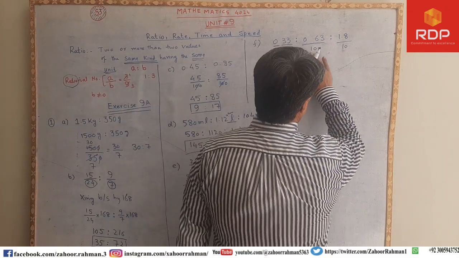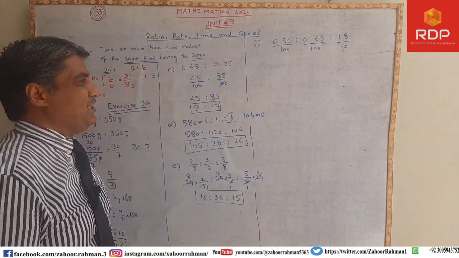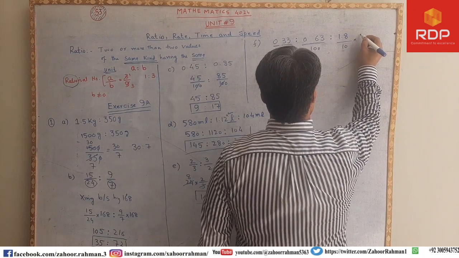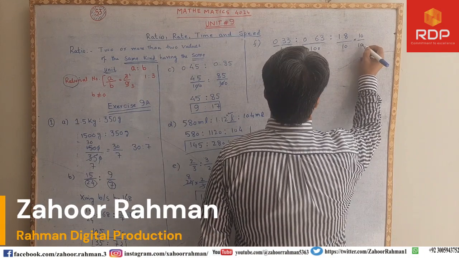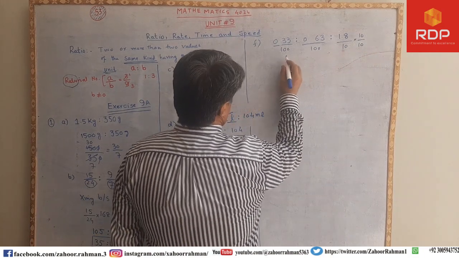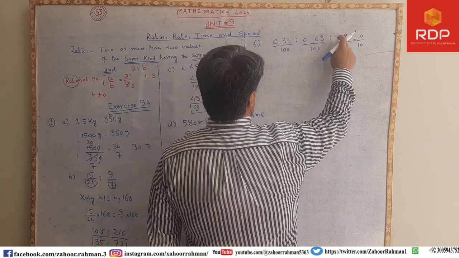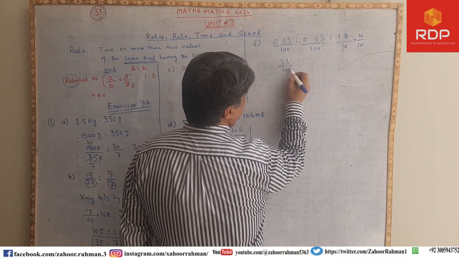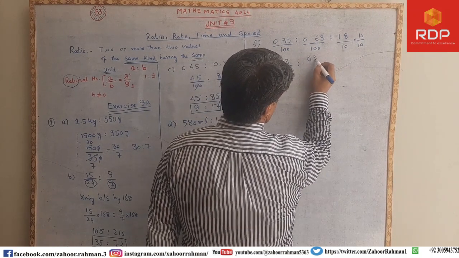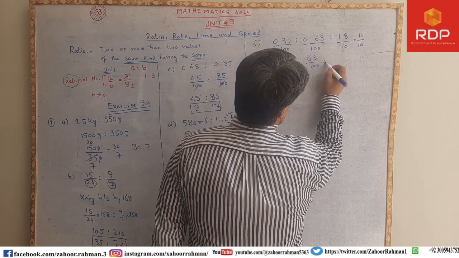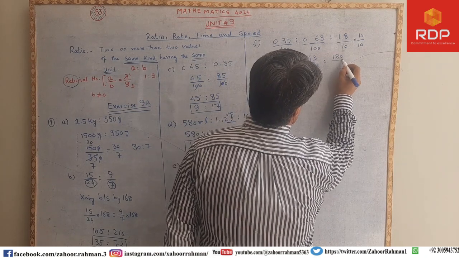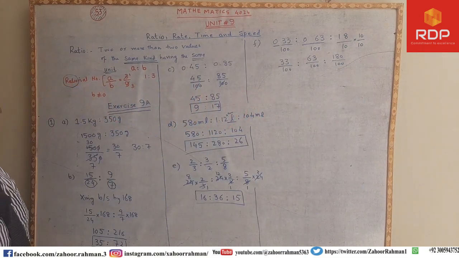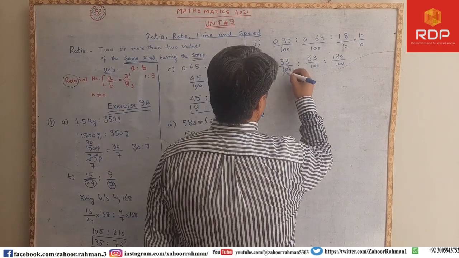So we have to make all these denominators the same. So here we have to multiply and divide by 10. So it means that this is 33 divided by 100 and this is 63 divided by 100 and this is 180 divided by 100. 10 tens are 100 and 18 tens are 180. So now the denominators are the same.